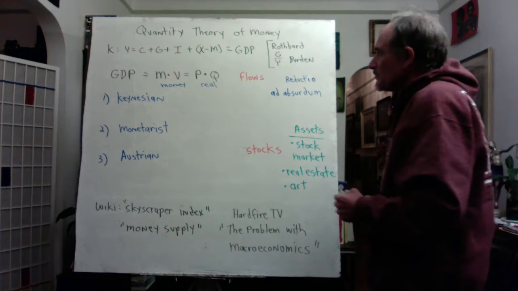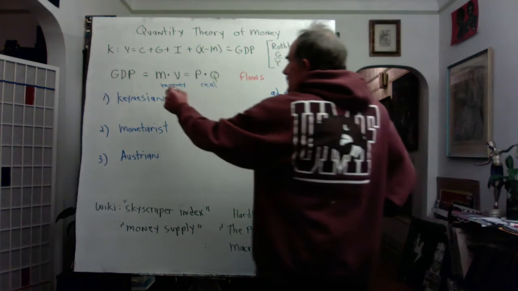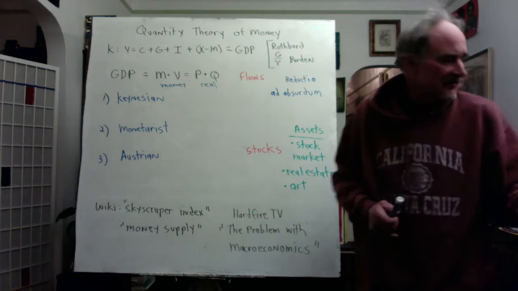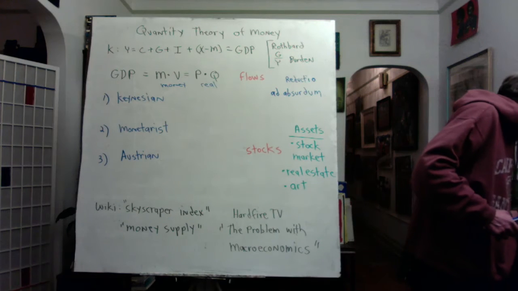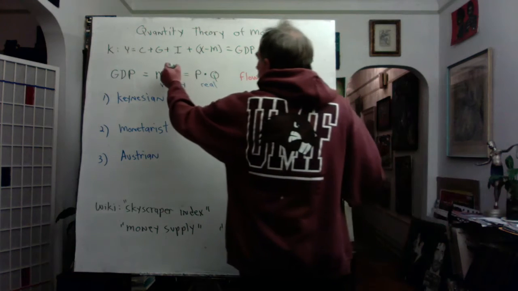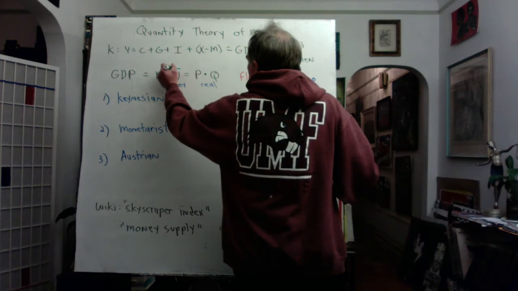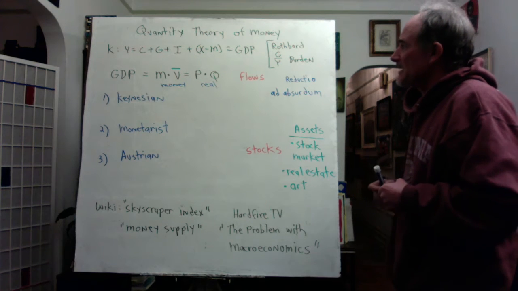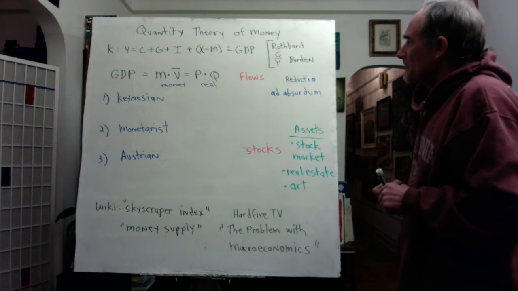So, money supply times how often the money turns over, and for the sake of simplification, economists hold the volume of money constant. That's like a technological factor.